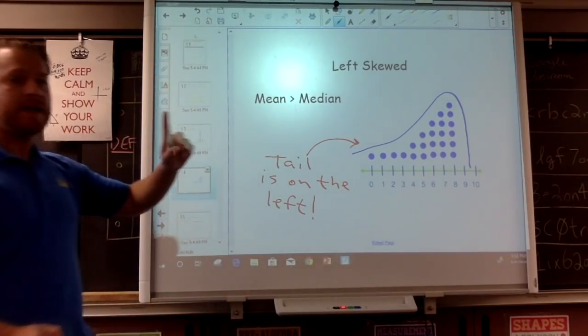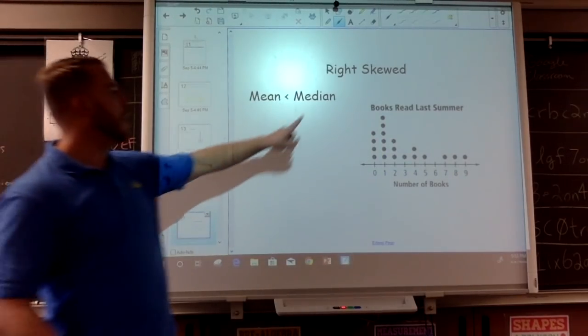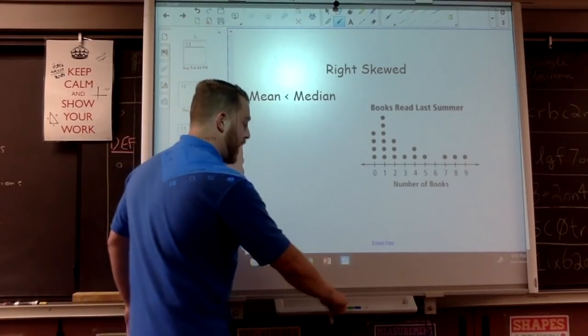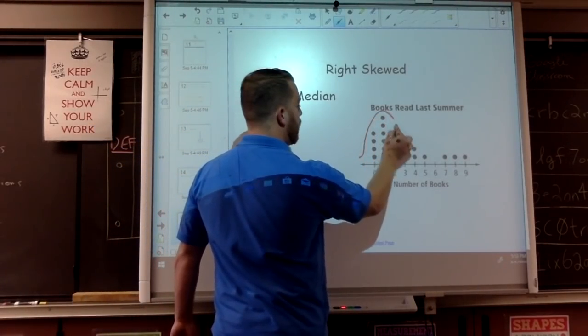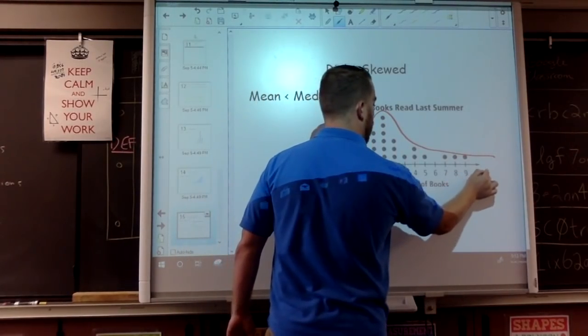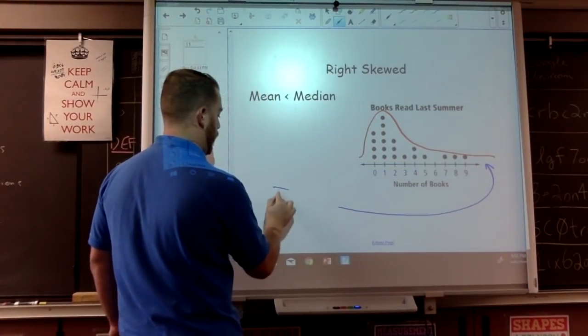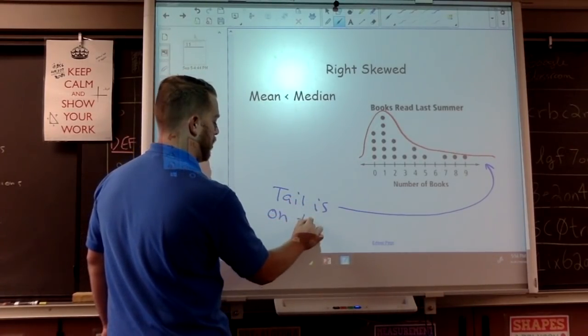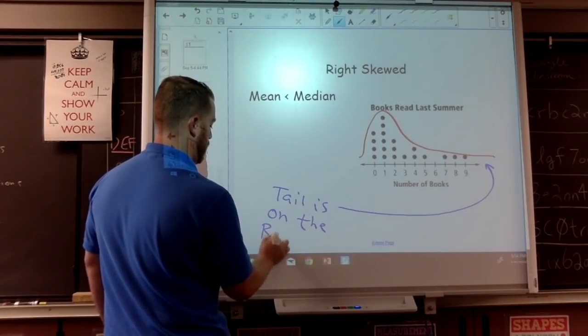And the last one that we're going to discuss today is when a distribution is right skewed, and you can tell that it is right skewed when it looks like this. And you notice here that now, that tail that I mentioned before is on the right.